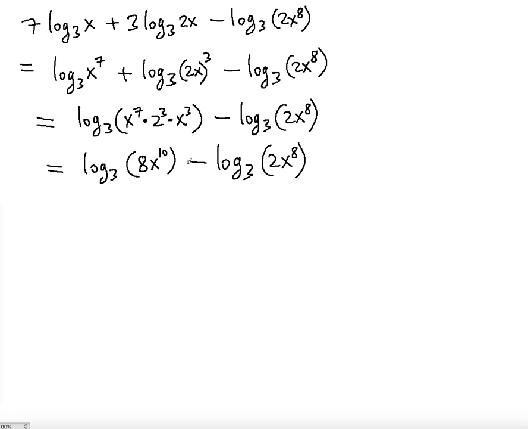As you can probably tell, since there's a minus, we're talking about the quotient of the inputs of one single log with the same base 3, right? So it's going to be log base 3 and the quotient of these two inputs. And what goes on the top? Of course this, right? According to the order, this comes first and then whatever is minus, that comes in the bottom. So basically what we're going to have is 8x to the 10 being on the top, the first input, and then this input will be on the bottom, 2x to the 8th power, like that, right?